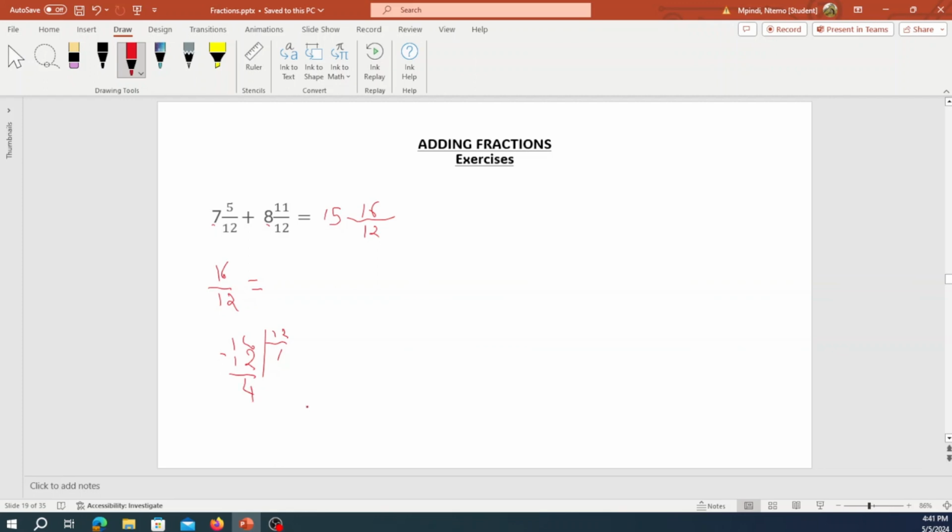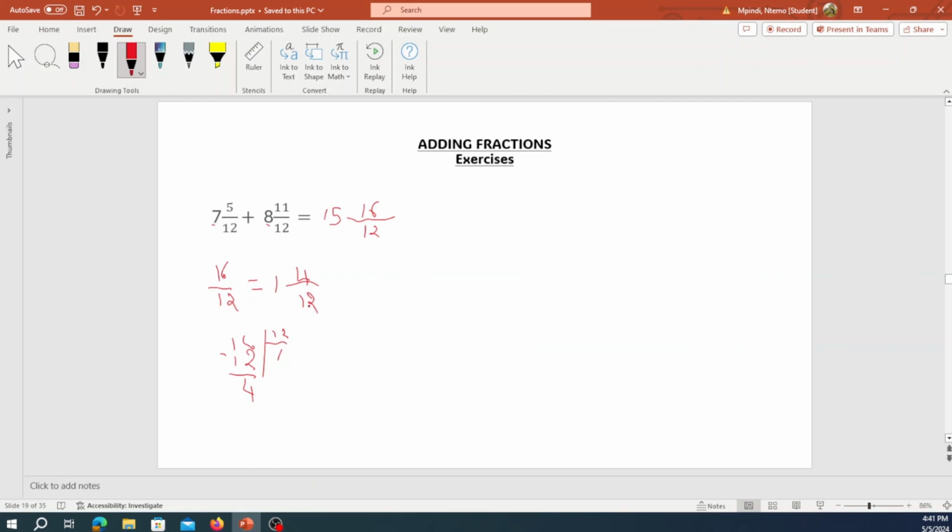So now, like I said, to change it from an improper fraction to a mixed number, that's how we do it. Right here, we're going to write this 1, and this 4 is going to be on the top and the 12 on the bottom.